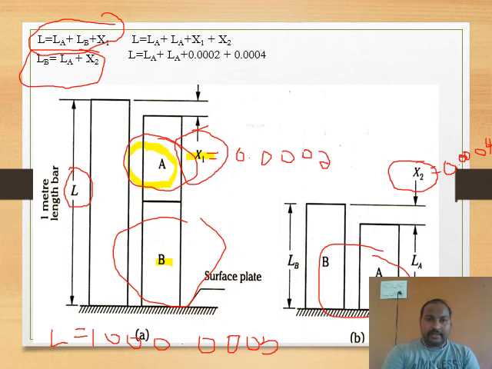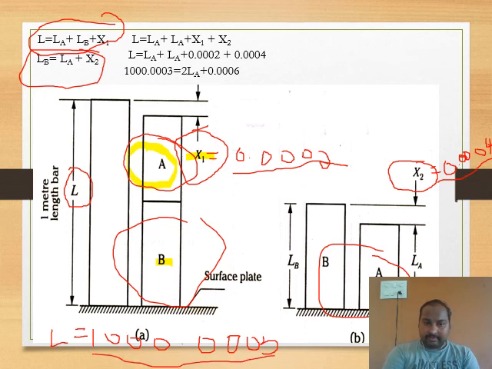Now I am substituting for X1 and X2. X1 is equal to 0.0002 that I have substituted. X2 is equal to 0.0004 I have substituted here. L is given by 1000.0003, so I have also substituted that here.